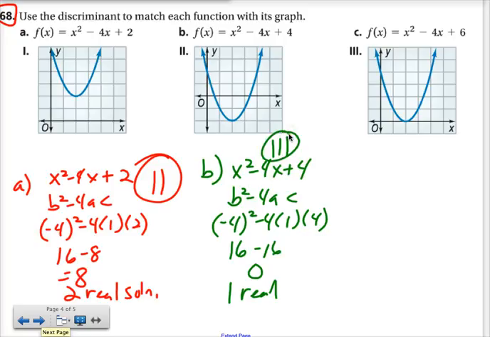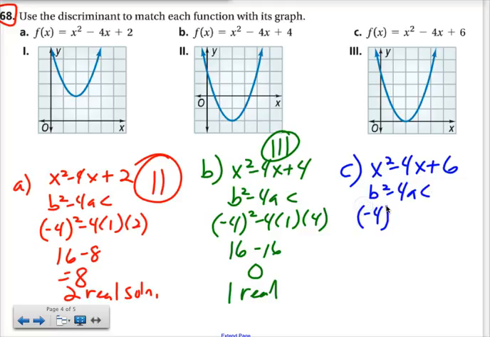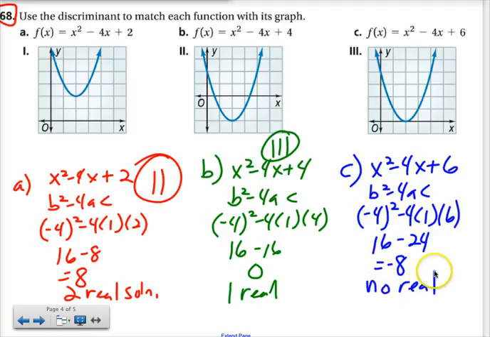Process of elimination, we already know what the last one's going to be, but just to verify, b squared minus 4ac for part C up there will be negative 4 squared minus 4 times 1 times 6. So we get 16 minus 24, which is going to give us a negative 8, and that means no real solutions.